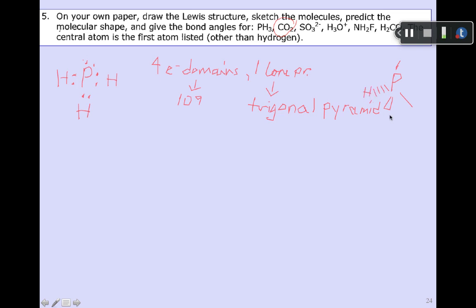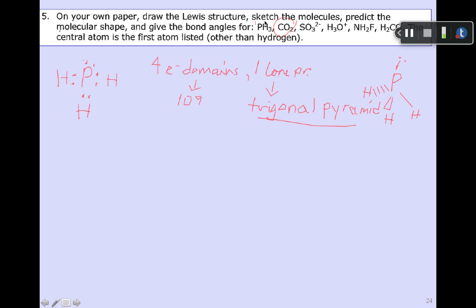So I'll put 1 hydrogen over on the dashed bond, 1 on the wedge bond, 1 on the one to the right, and the remaining electron domain is only a lone pair, and that should look like a trigonal pyramid now, we hope.